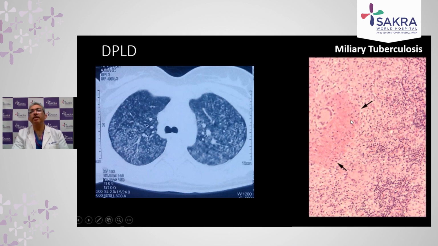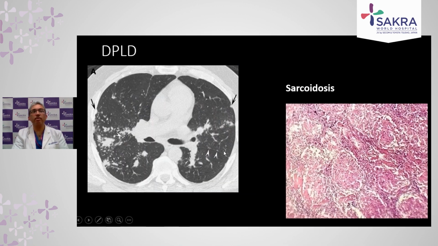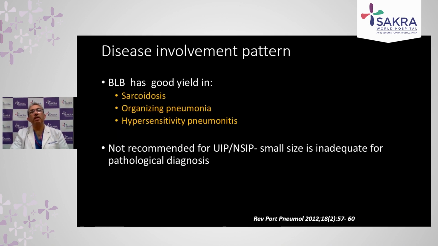On the image here, you can see caseating granulomas, multinucleated giant cells, and epithelioid cells. Now, in a sarcoidosis patient who has a similar kind of imaging, lung biopsy showed non-caseating compact granulomas, and with this we were able to diagnose sarcoidosis.